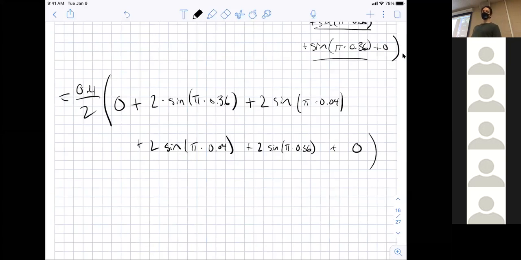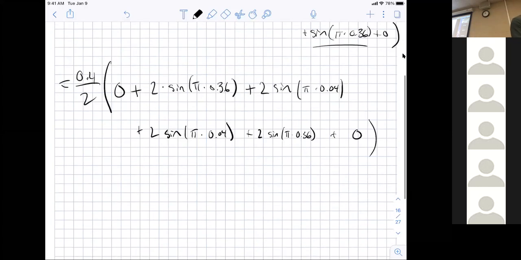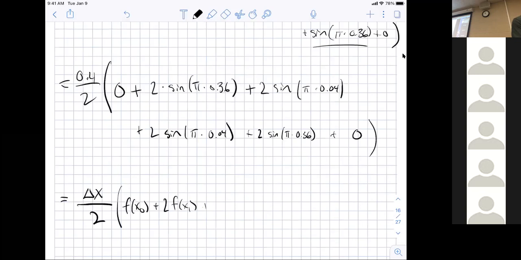Okay. So in this case, there's more simplification that can happen because the function is so symmetric. In general, the pattern for the trapezoid rule is going to be, notice this is my delta x over 2 times f of x0 plus 2 times f of x1 plus 2 times f of x2 plus 2 times f of x3 plus 2 times f of x4 plus f of x5.